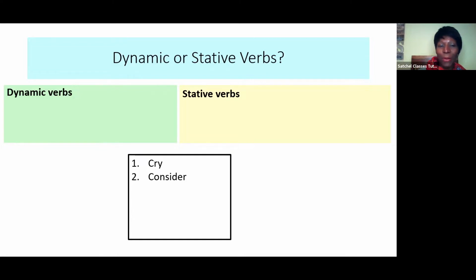Is it an active process, a physical process that you can see, or is it an internal process, an occurrence over time? To scream, dynamic or stative? To decide, dynamic or stative? To punch, is that dynamic? Is that stative? And to knock, is that dynamic or is it stative?